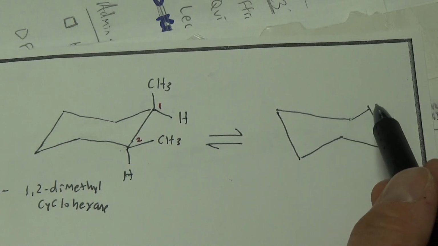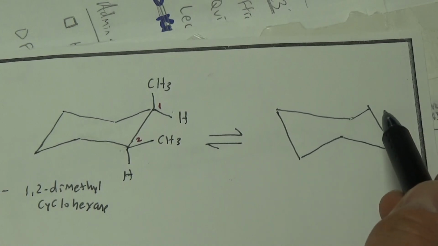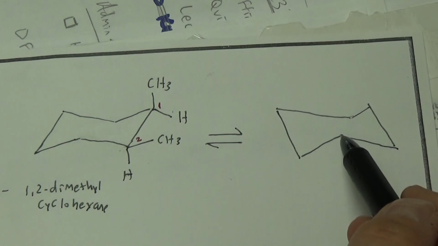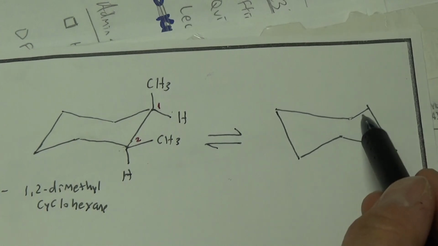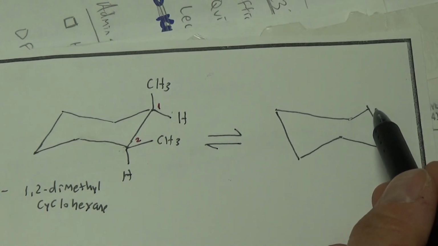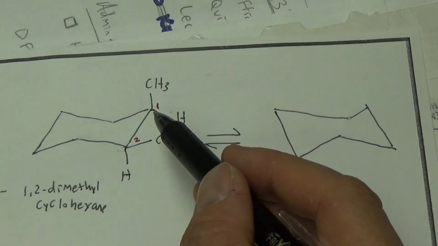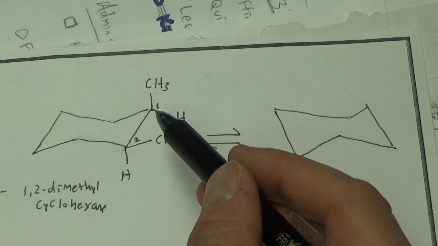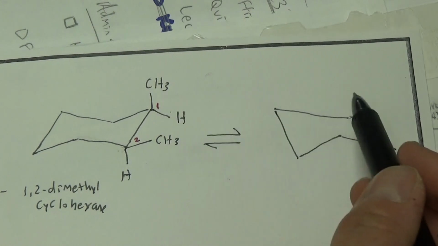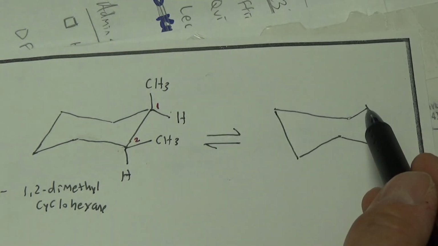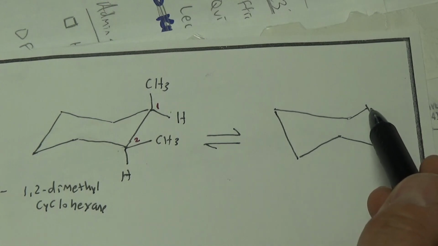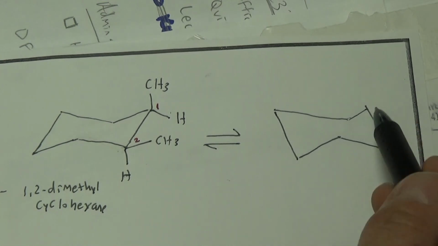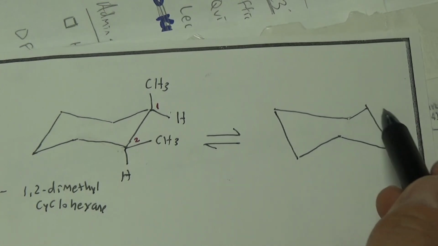But I can't say carbon 1 is there. Carbon 1 that is here cannot be carbon 1 here because the orientations are going to be wrong. It goes from up and axial to up and equatorial, and there's no up and equatorial position at this carbon. Here you have an axial up and an equatorial down, right?